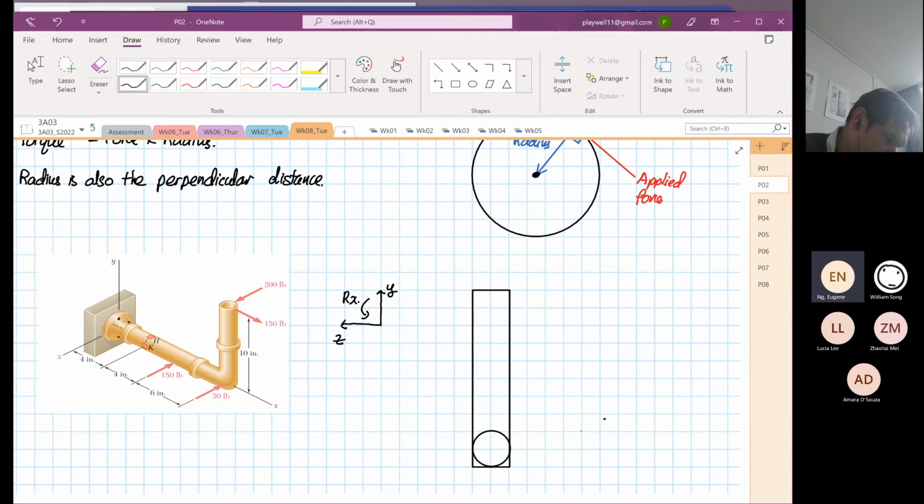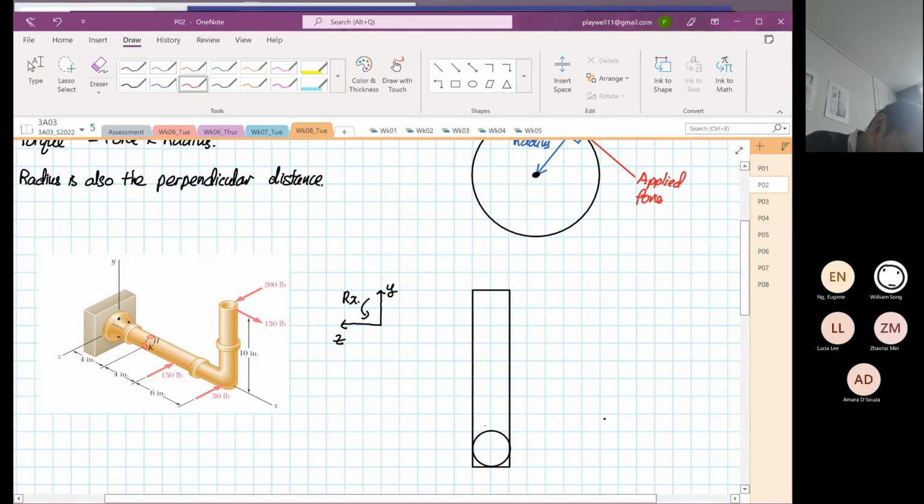And then next we're going to put in our applied force, or we draw our element first. So over here, this is our element H, and over here, this is our element K. Then we put in the associated forces.